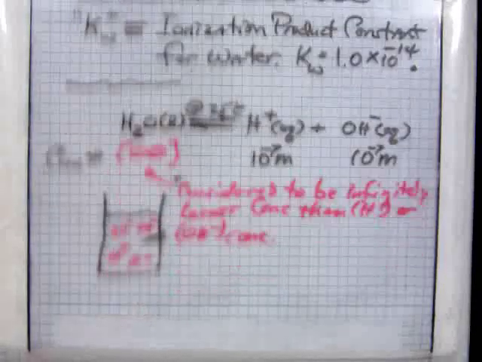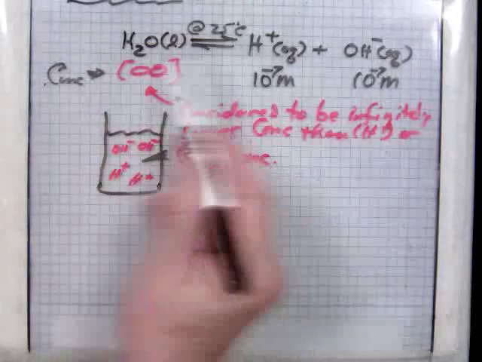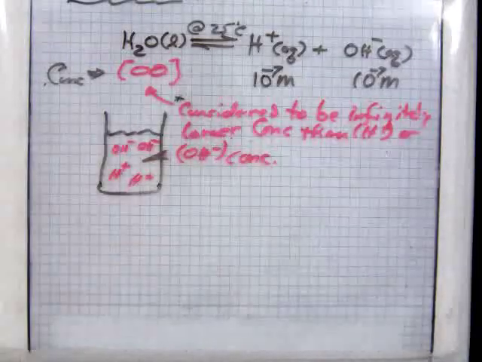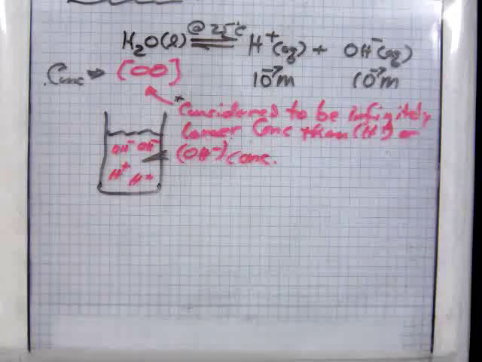So, the next step in this is write the equilibrium expression for the autoionization reaction as we have written it in the previous chapters. That'd be the product of the concentration of the products divided by the product of the concentration of the reactants, right? Isn't that what we've been doing?